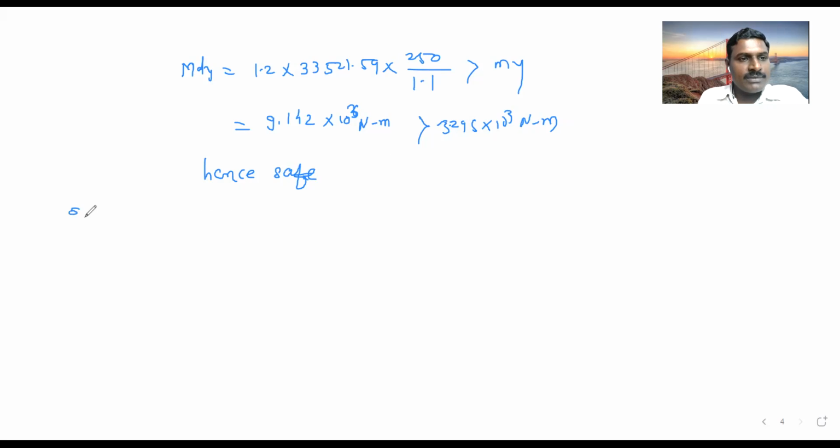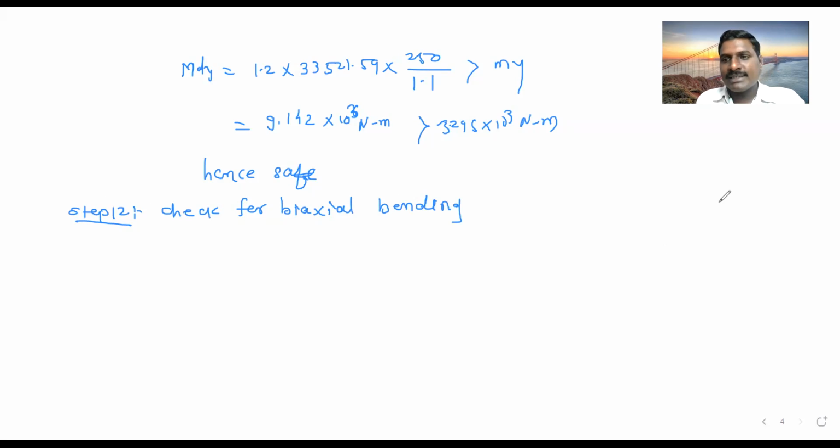So next is step number 12, and this is the last step. Step number 12 is check for biaxial bending. So why are we doing biaxial? Because the moment is coming in both directions, in x direction and y direction. So both direction moments are coming on the Purlin.